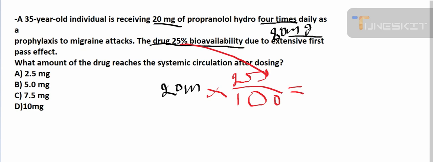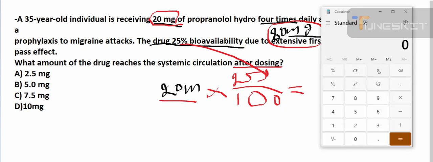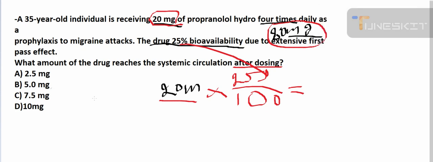What amount of drug reaches the systemic circulation after dosing? After each dose, for example 20 mg is a dose. He did not ask you for the whole day, so you write this. If he asks per day or whole day, then you write the complete dose of the day. So 20 multiplied by 25, divided by 100. The answer will be 5 mg. Very easy.